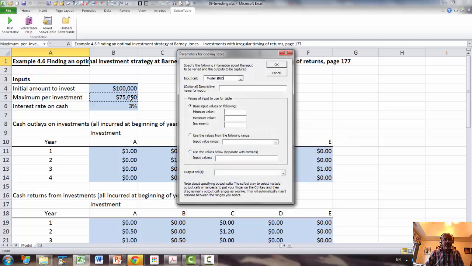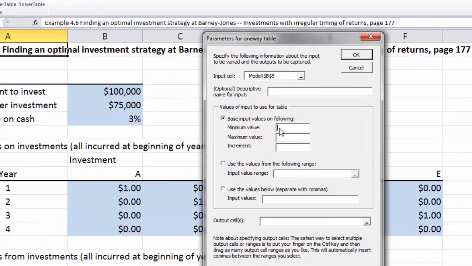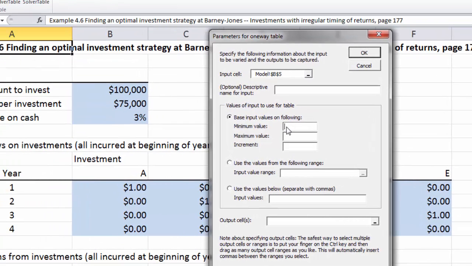Okay, so that's going to be our input, and we'll see 75,000 to 225,000, in increments of 25,000.